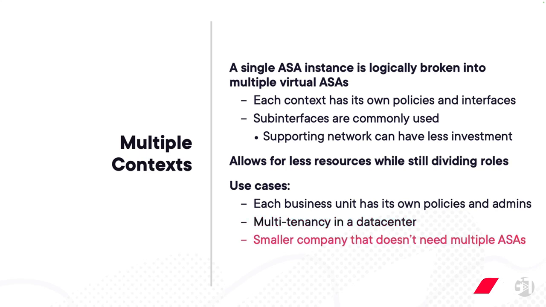Or it could just be a smaller organization that simply doesn't have the budget necessary to justify multiple physical devices, but would like a separate ASA to manage traffic at the edge of the network, while also having another context to manage traffic going in and out of the data center. Whatever the justification, multiple context provides flexibility in how the ASA is deployed while decreasing size and overall network footprint.